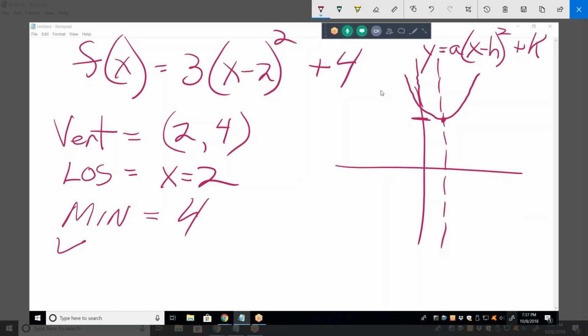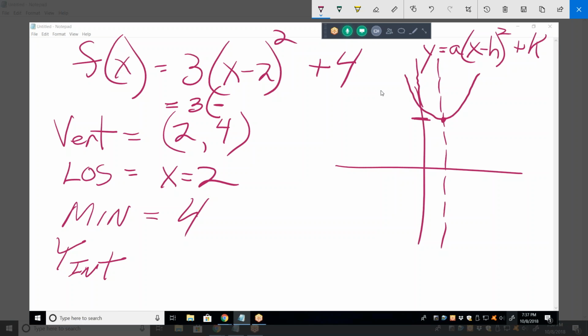And the y-intercept, now this is not as easy to figure out when it's in vertex format. In other words, it's not 4. However, what do you need to know about the y-intercept? What is x when you're trying to find the y-intercept? x is always 0. Correct. So I'm going to plug in 0 for x, and that will give me the y-intercept.